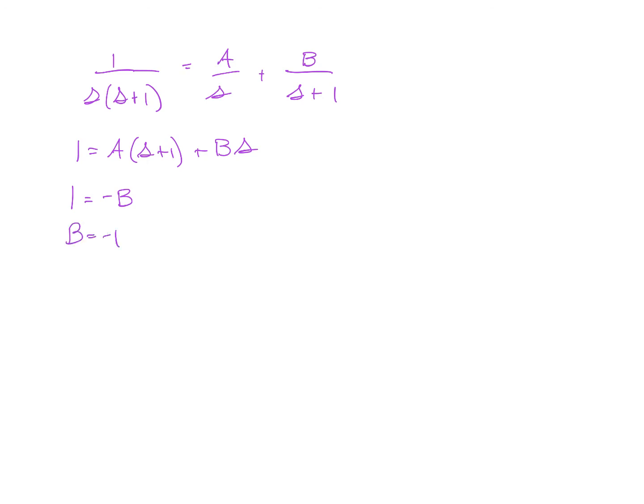And if I make s 0, I get 1 equals a. Okay, so I now know a and b. So this would be 1 over s minus 1 over s plus 1.